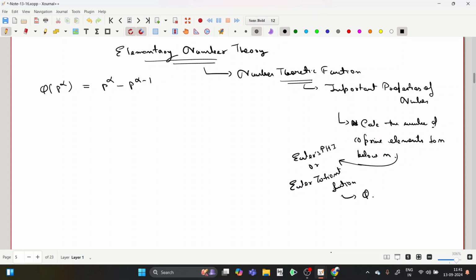And the proof of this is fairly straightforward from the definition. After all, we are calculating the number of elements which are coprime to p to the power alpha.